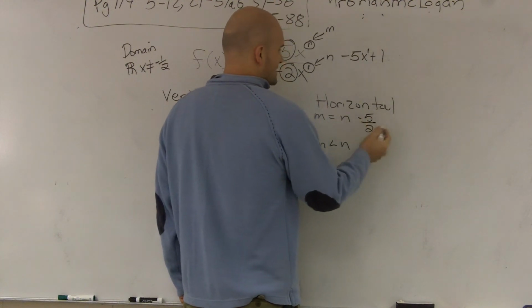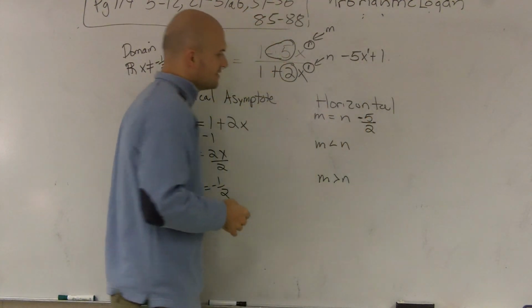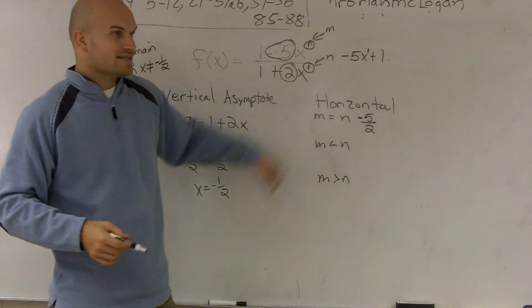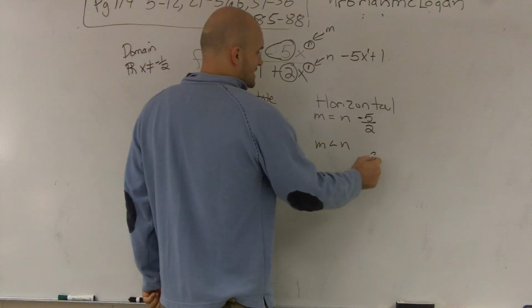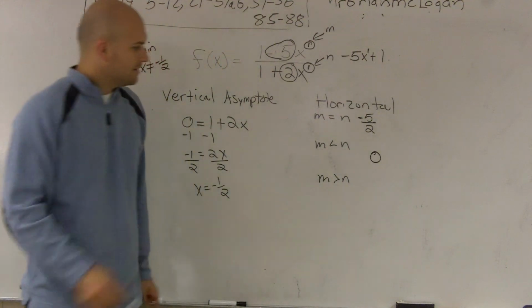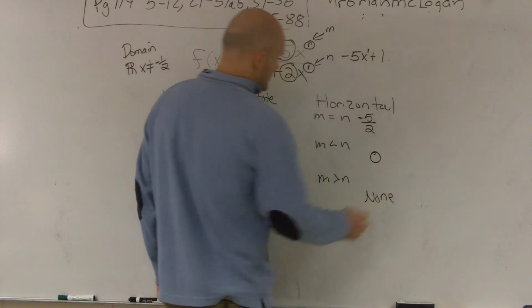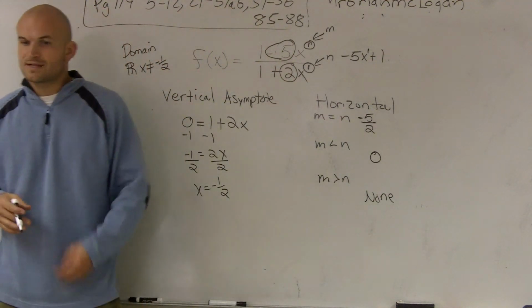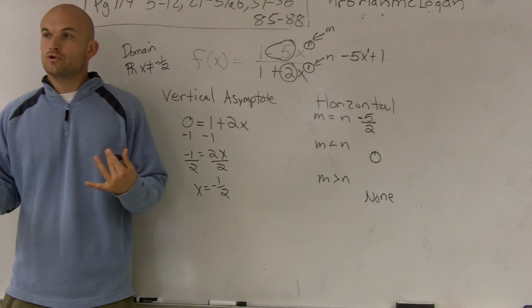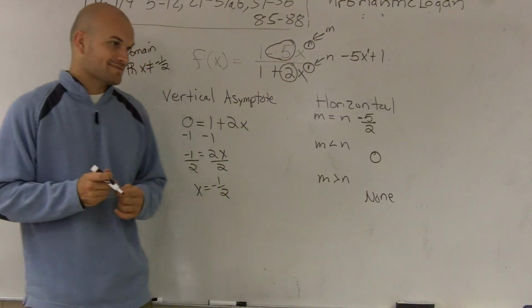So your horizontal asymptote is -5/2. If m was less than n, my horizontal asymptote would equal 0. And if m was greater than n, I would not have a horizontal asymptote. Those are your three rules that you can use for horizontal asymptotes.